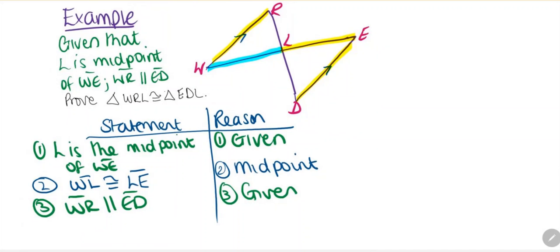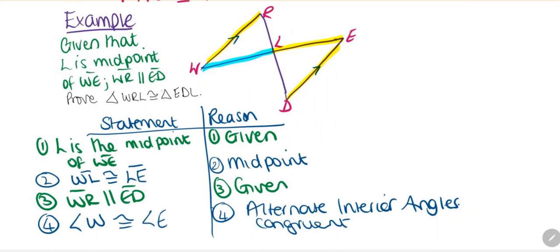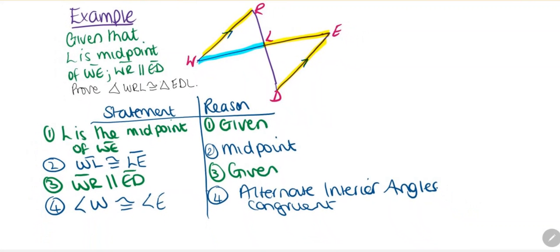So from here, we can say that angle W is therefore congruent to angle E, because they are alternate interior angles. So the alternate interior angles are congruent. Okay, so what we're going to do next.